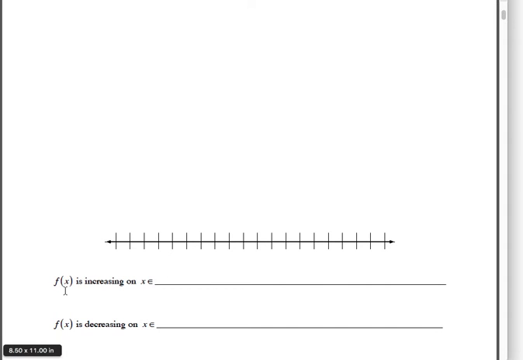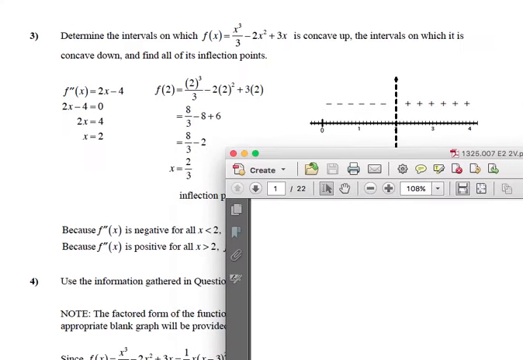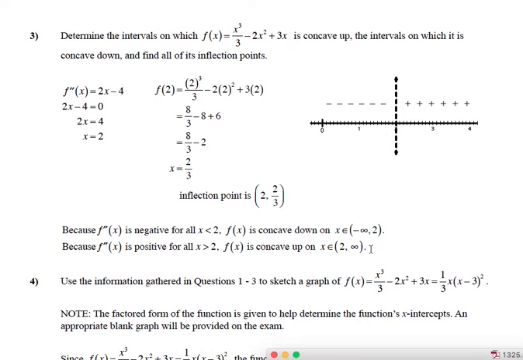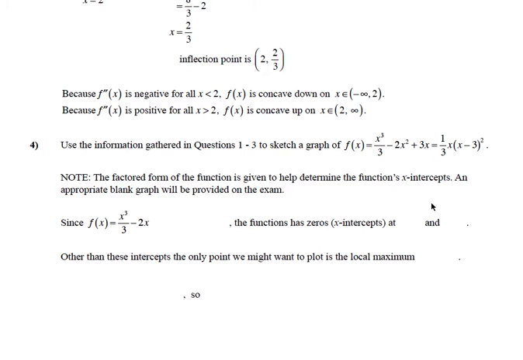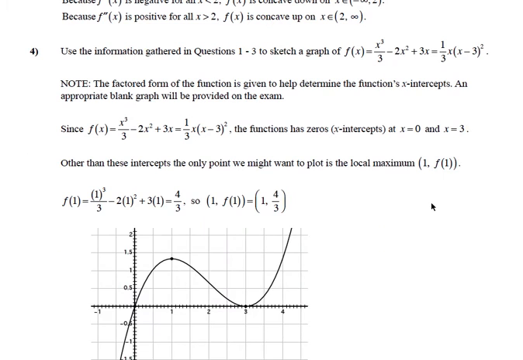And then I also leave you a blank to fill in the intervals of increase or concavity, and I have the notation there, and all you have to do is to use the correct bracket interval notation to complete the answer. Okay, now let's take a look at question 4.